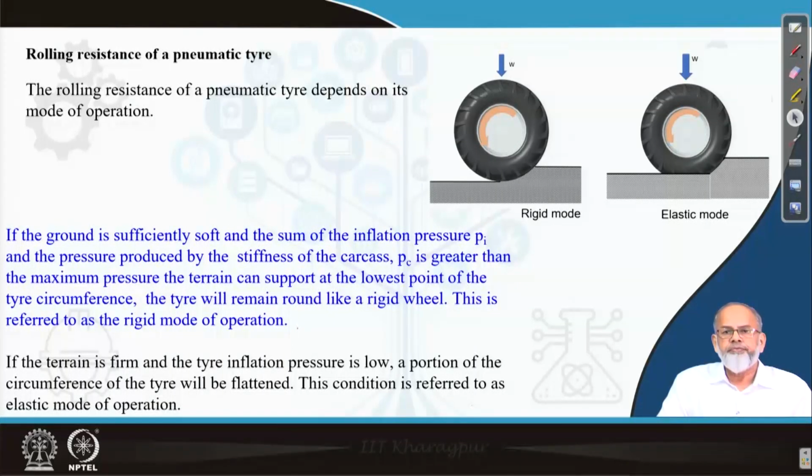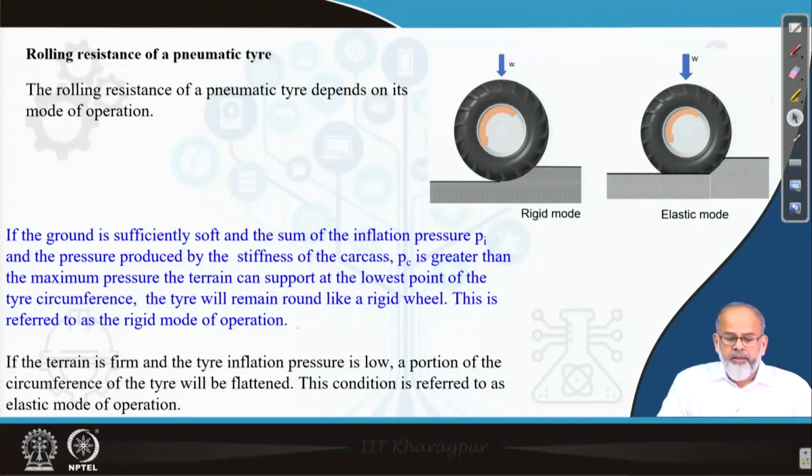This is referred to as rigid mode of operation. That means Pi, inflation pressure, plus the pressure exerted by the carcass due to carcass stiffness, if the sum of these two is greater than the pressure which the terrain can support, then it behaves in a rigid mode.